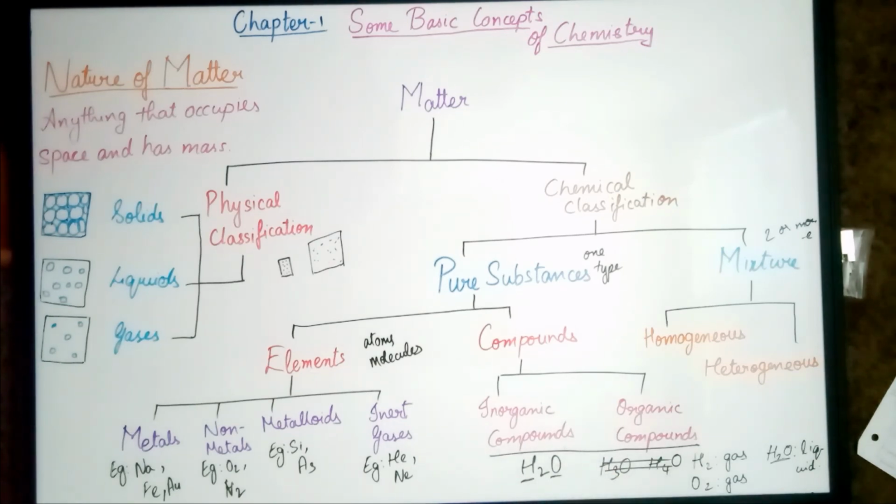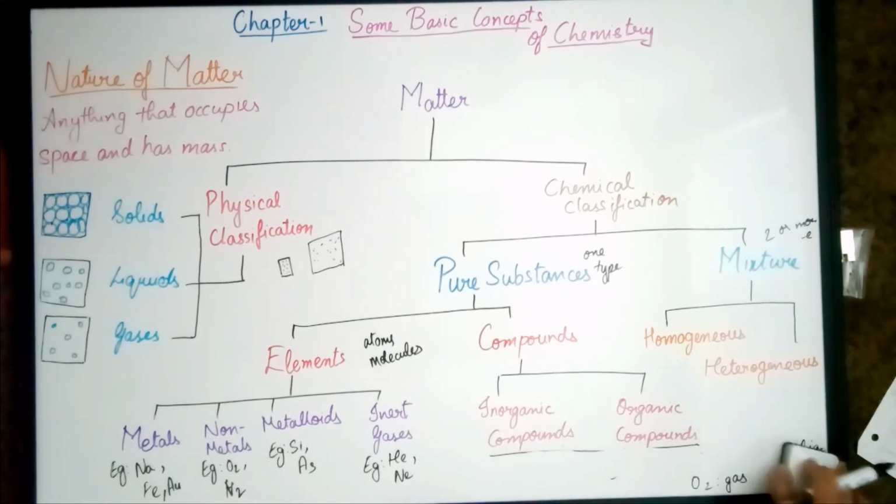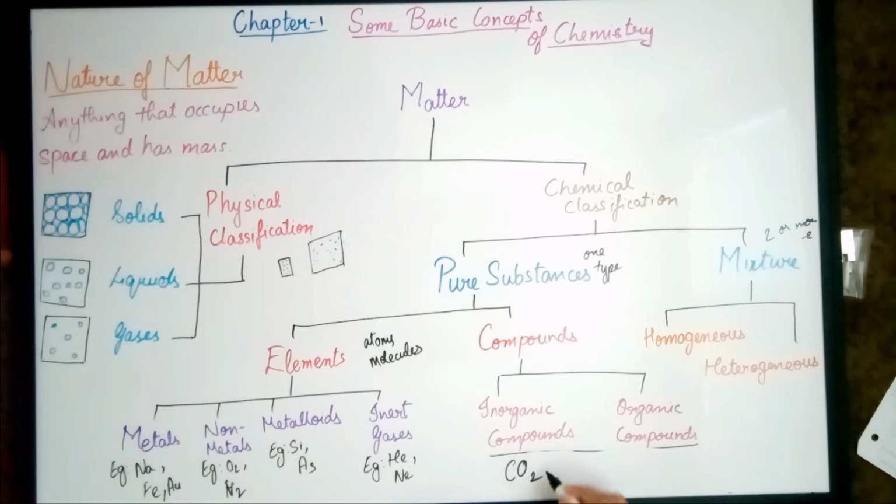Similarly, let's take another example if you've not understood this. We'll take another gas, carbon dioxide. First of all, you will not write CO4 as carbon dioxide. We don't call CO4 carbon dioxide. We will not call CO5 carbon dioxide, right? So carbon dioxide will have one atom of carbon and two atoms of oxygen.